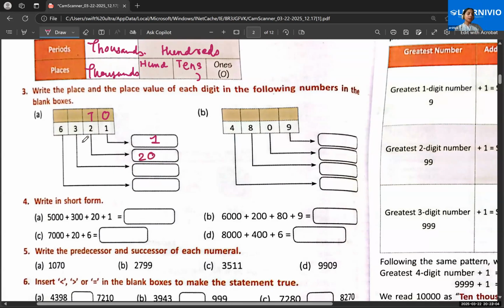Can you do it for 3 and 6? 3 is hundreds, 300, and 6 is thousands, 6,000. Correct. Now, the B part I'll give you as homework.